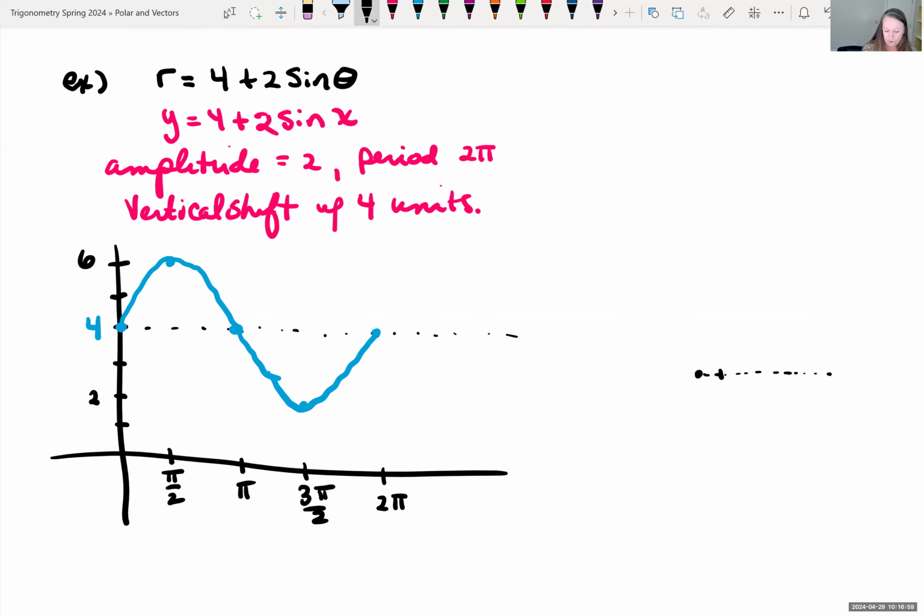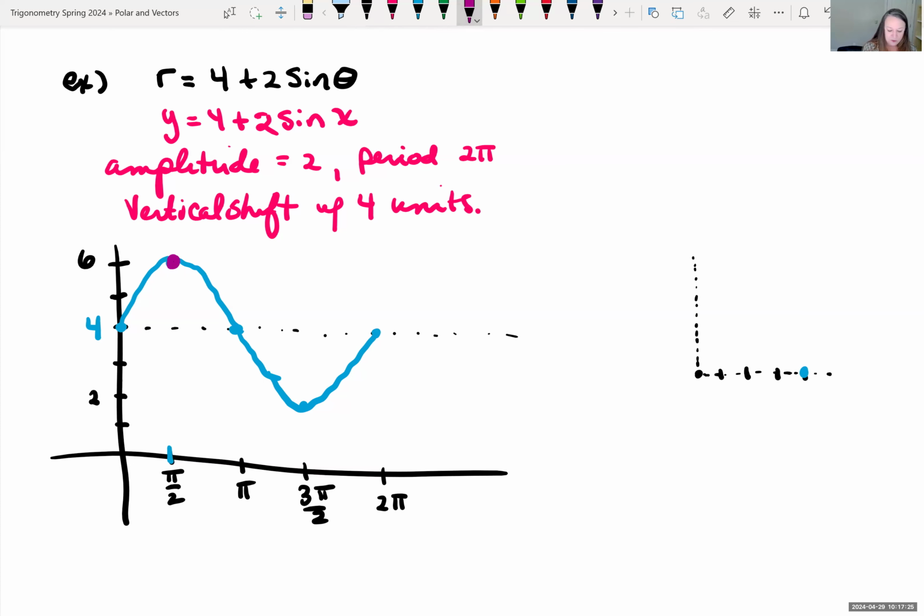So I'm going to go out 4 units. Then I know that I am increasing up until I get to pi halves. So I know pi halves is like my y-axis, and I'm increasing there until I get to pi halves, and I'm going to reach a max of 6.